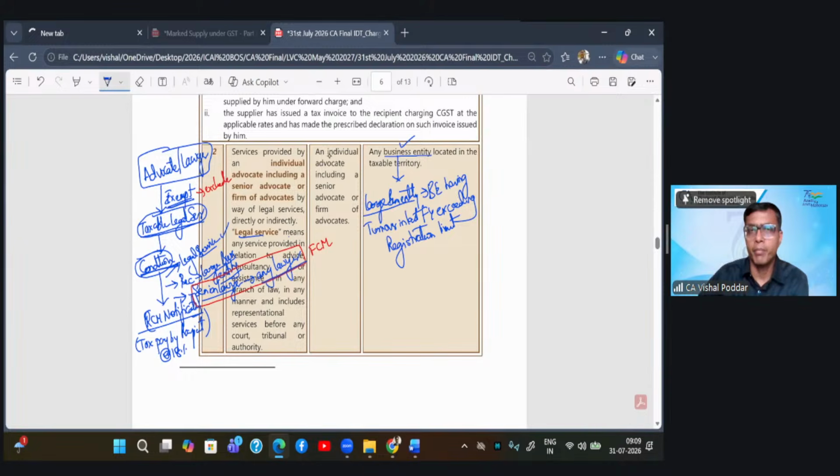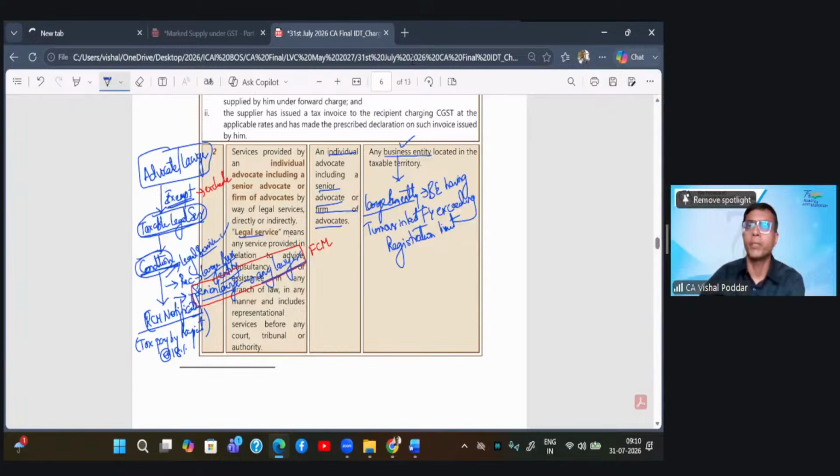Now the supplier may be an individual advocate or it may be a firm of advocates, makes no difference. Further, the supplier may be a senior advocate or a normal advocate. Now you'll say, sir, who is a senior advocate? Again, senior advocate is defined to mean those advocates who have served for some minimum years as an advocate, and who are nominated as senior advocate by the High Court or Supreme Court.